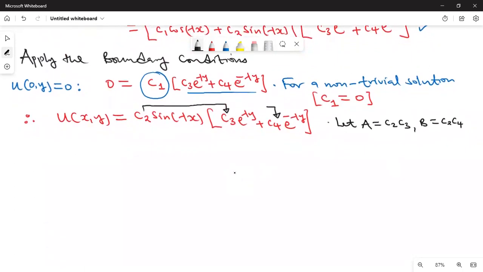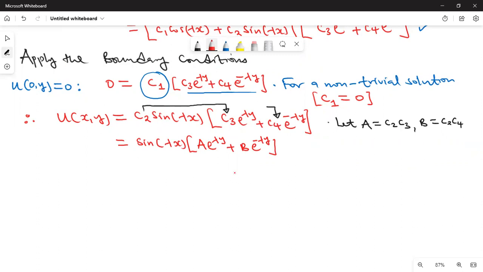So this solution, the reduced general solution, can now be written as sine lambda x times A exponential lambda y plus B exponential negative lambda y. That is the reduced general solution.